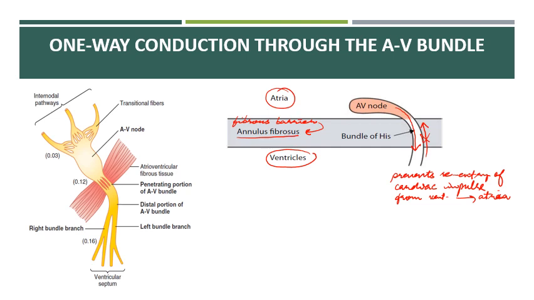This barrier acts as an insulator to prevent backward passage of impulses from ventricles to the atria.